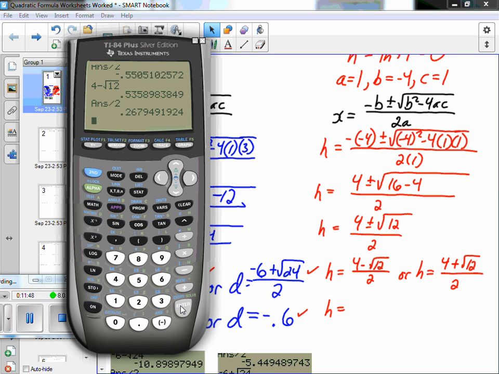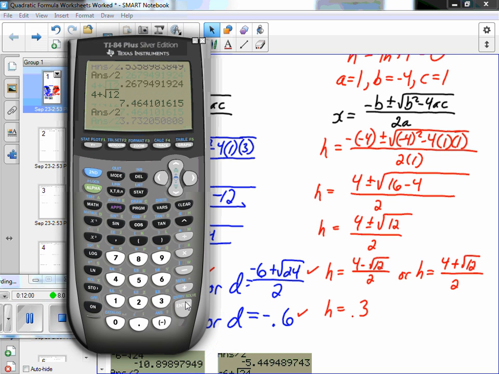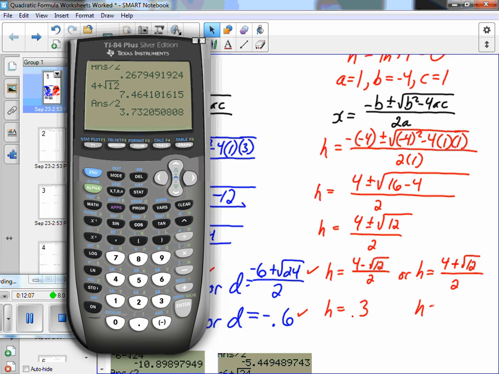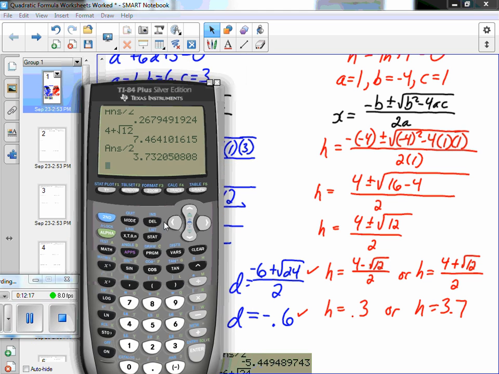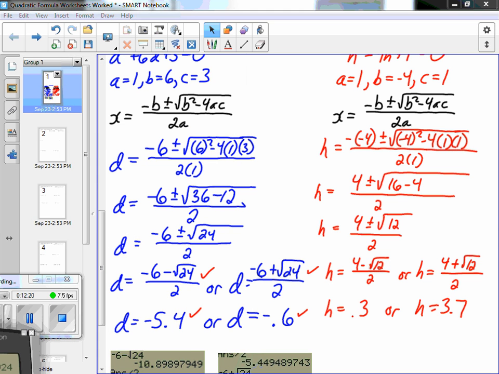So that's going to be about 0.3. 4 plus the square root of 12 divided by 2. And that'll be about 3.7. Any questions?